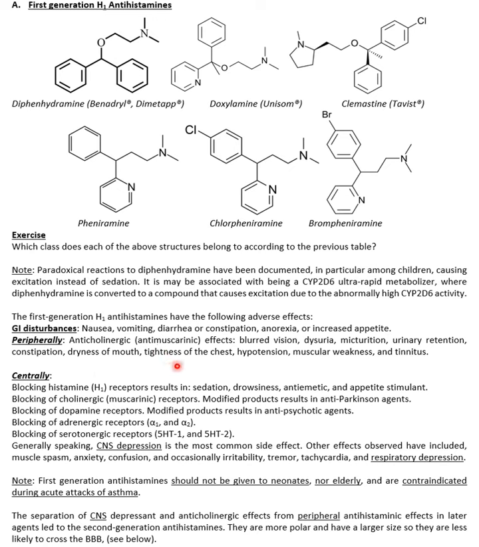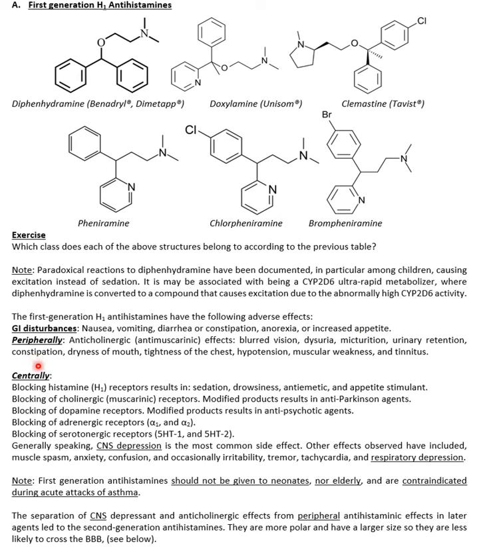The other thing I want to mention about the first generation H1 antihistamine is their adverse effects. They have GI disturbances, adverse effects such as nausea, vomiting, diarrhea, constipation, anorexia, or increased appetite.